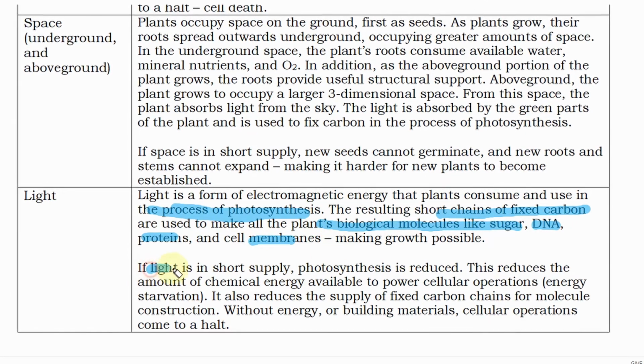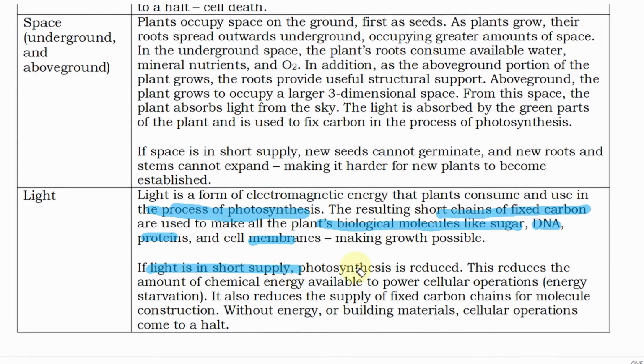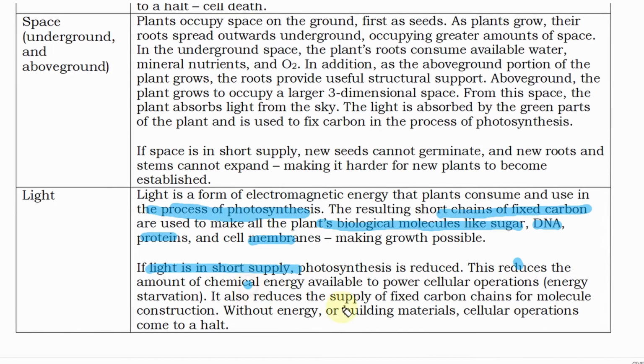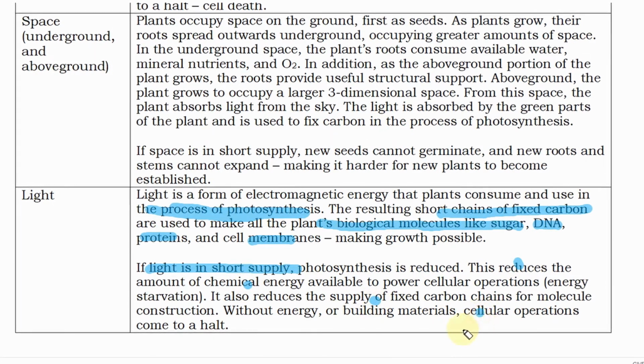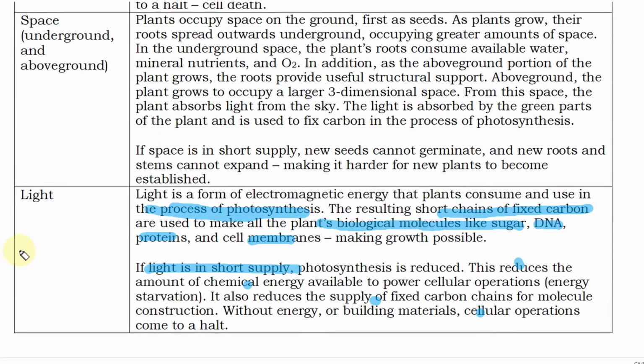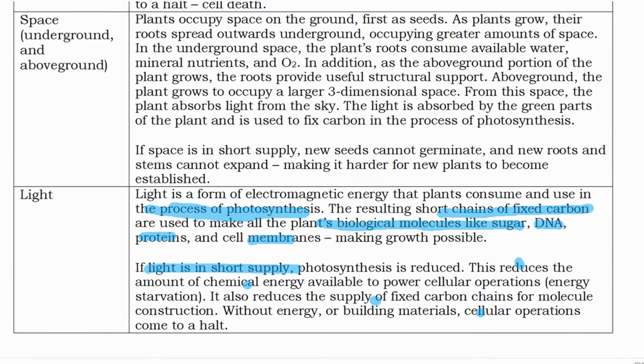So if light is in short supply, then photosynthesis is reduced and so on. So then this happens, and that happens. Okay, so you kind of get the idea. So this is the table. This is table 2.